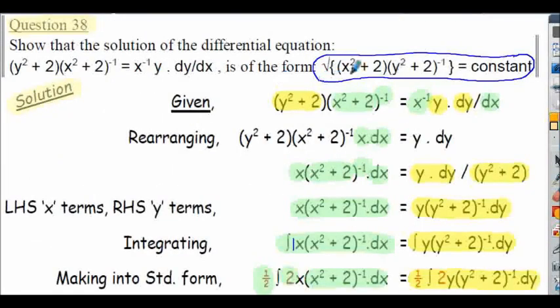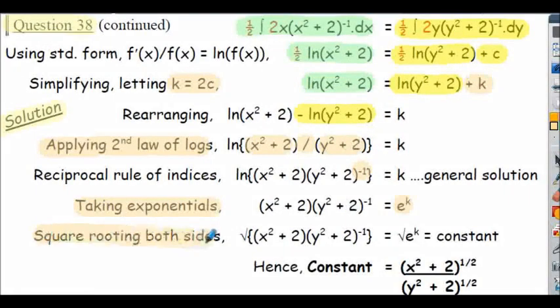Again, because we have to show a square root in our expression given in the question, I square root both sides on the next line, the square root in here, and the square root in the constant. But note the square root of e to the k is just another constant. Could give it another label if we wanted to.